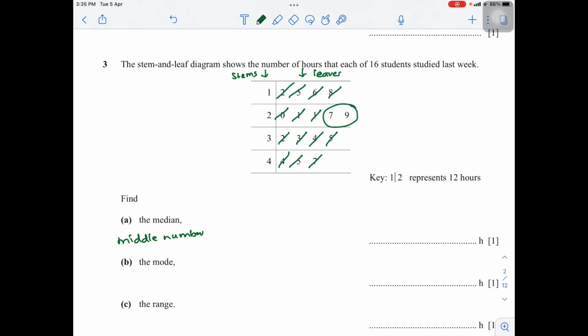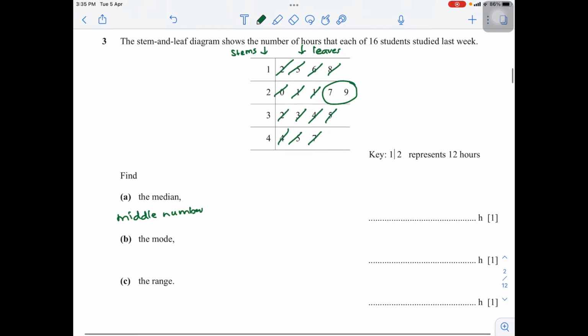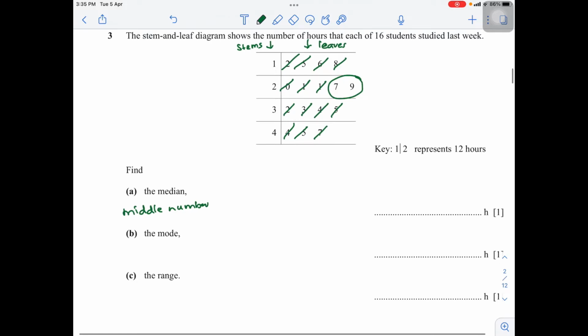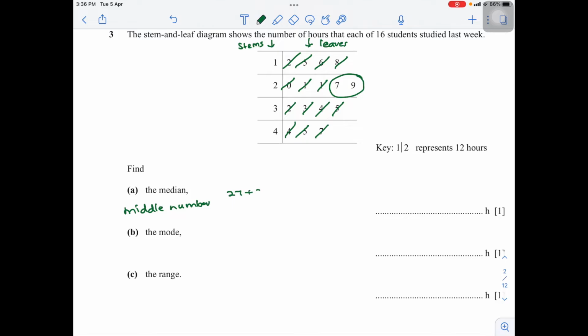So the numbers are 17, 27 and 29. If I have one number in the middle, that's the median. But if I have 2 numbers in the middle, I will add 2 and divide by 2. So it's 27 plus 29 divided by 2, which is 56 divided by 2, 28. So the median is 28.